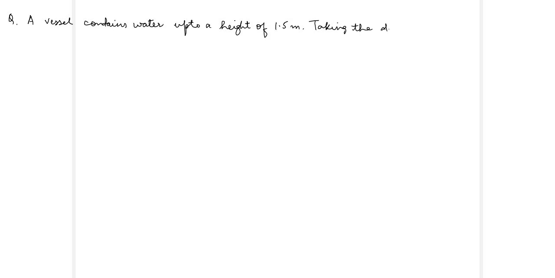Okay, write down. A vessel contains water up to a height of 1.5 meters, taking the density of water 10 to the power 3 kg per meter cube.